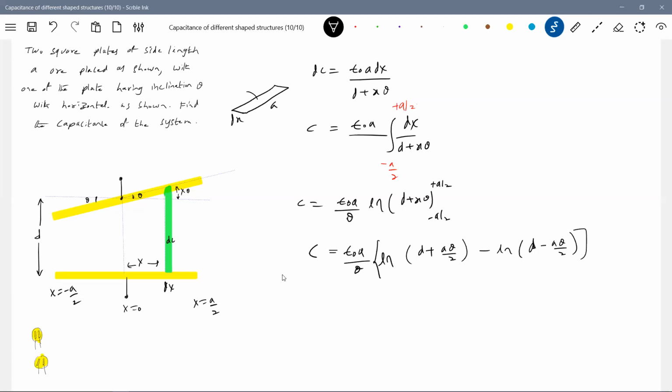Then this will become epsilon naught a by theta log of d into 1 plus a theta by 2d, minus log of d into 1 minus a theta by 2d. We'll try to simplify. Maybe we'll get a better equation.